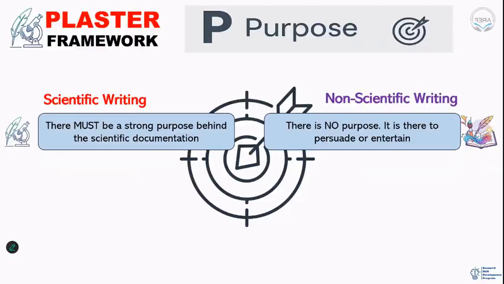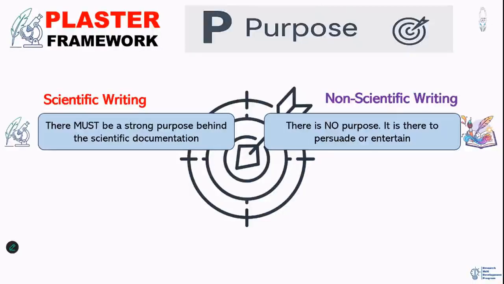Whether we write for publication or as a review paper, there must be a purpose. If we are writing without a purpose, or what we call a research question or major aim, then that cannot be scientific writing. But in non-scientific writing, there is no purpose, there is no pursuit.